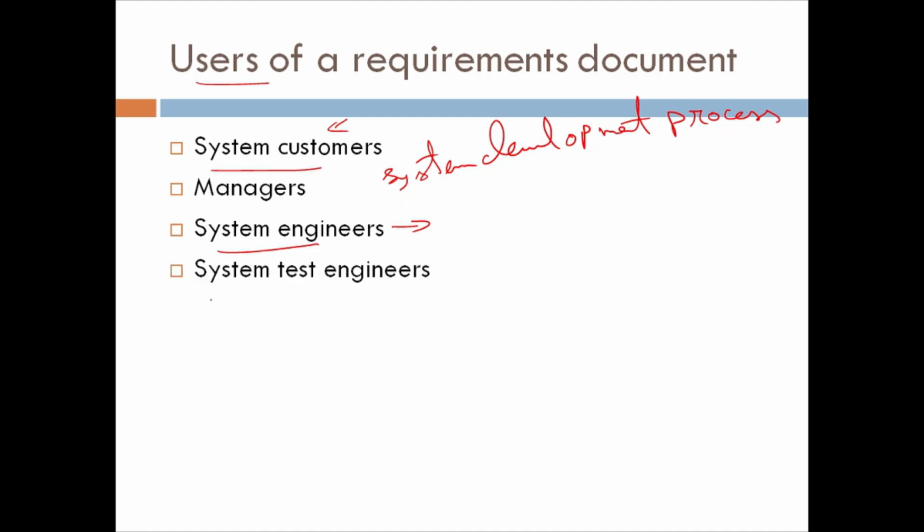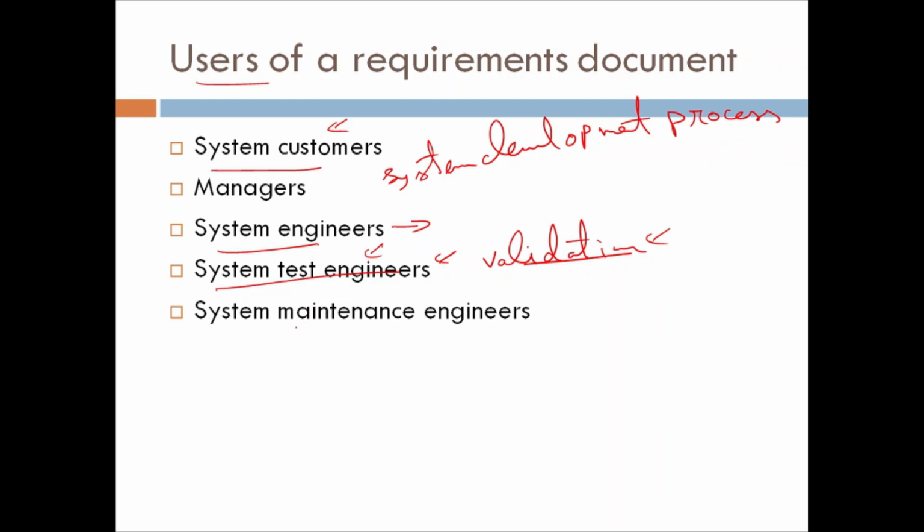Next is system test engineers. They use the SRS or the requirements to develop validation tests for the system. So validation is one of the important aspects, checking whether we have met the requirements or not. So these engineers use the requirement specification for that. System maintenance engineers use the requirements to understand the system and the relationship between its different parts.